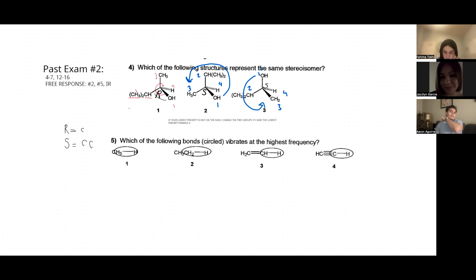This one, I don't know why this one really stuck in my head when she said it during lecture. When she said the ranges, I just remembered them for some reason. The C double bond, CH, and then C triple bond CH.